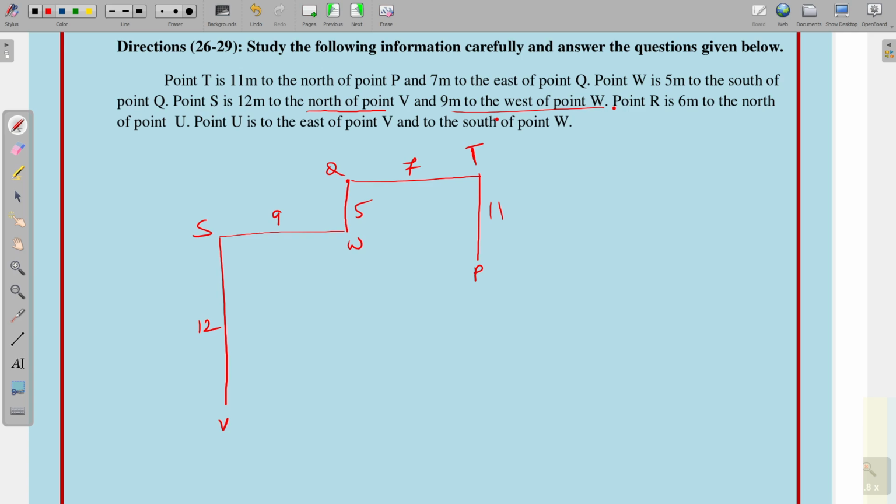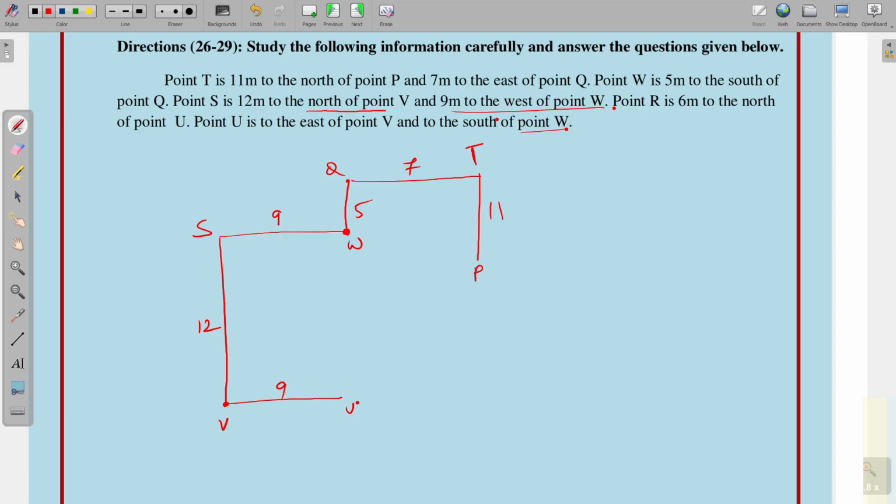R is 6 meters to the north of U. U is to the east of point V and to the south of W. So U is placed here, V here, W here. It is 9 meters, and from here to here it is a total of 12 meters.